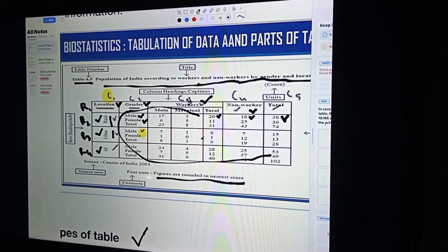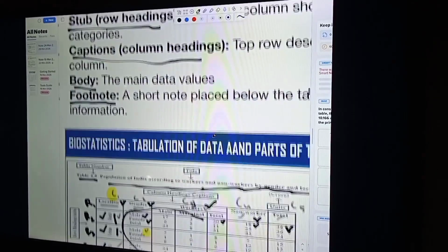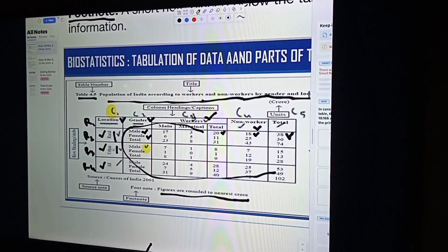Next is row headings. The first row heading is rural, the second row heading is urban, and the third row heading is all, meaning that combining rural and urban gives us all. The first column heading is location. Location talks about these 3 rows.